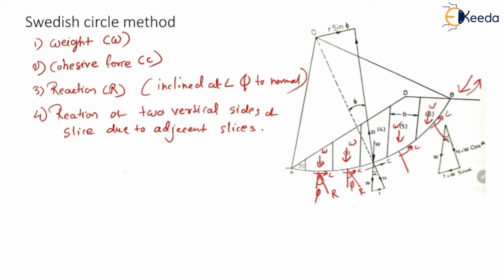Suppose this is an intermediate slice, then because of the adjacent slices there will be reaction on both sides of the slice, and these reactions will be in opposite direction and equal in magnitude. That's why they will cancel each other, and hence they are not considered to affect the stability of the slice.